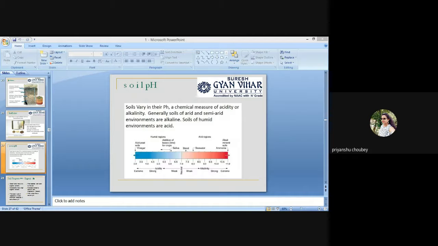Liming to neutralize the surface soil acidity has little effect on the subsurface acidity because the bulk of calcium ions remain in the surface horizon. Research has shown that a surface application of calcium sulfate can ameliorate subsoil acidity.